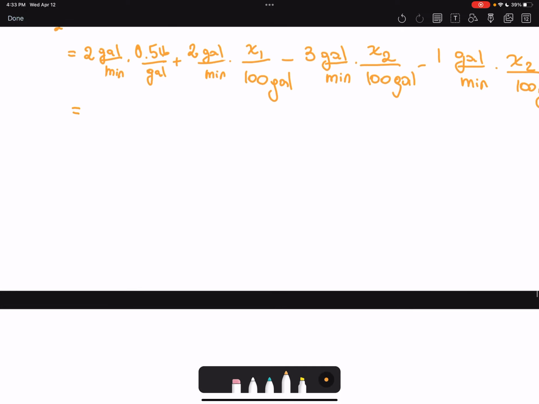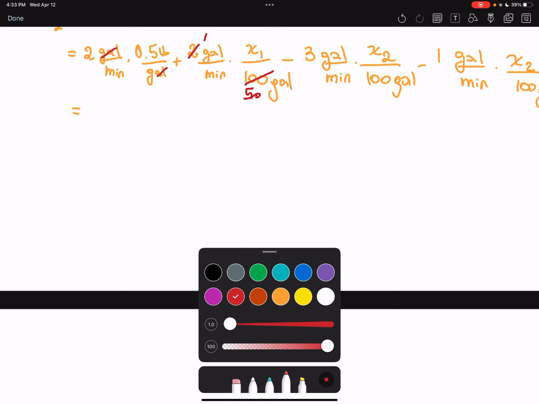So now I can simplify all of this and I can say 1, this cancels out, and I can say 1 plus 1 over 50, because this becomes 50 and this becomes a 1. So what is 1 plus 1 over 50? Well, we can say that that's the same thing as 51 over 50, right? 50 over 50 plus 1 over 50 is 51 over 50.